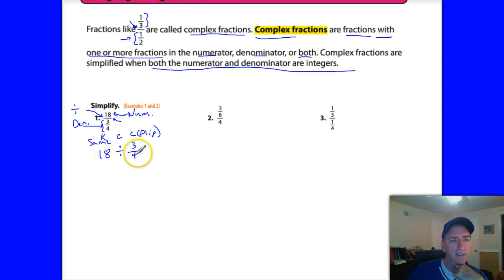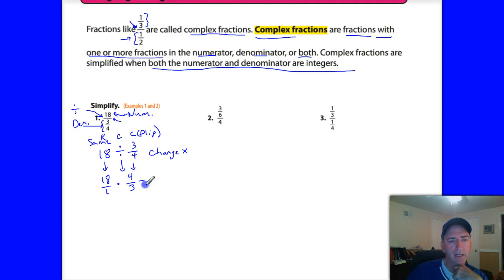So we're going to change this to multiplication. Keep 18, you can put it as 18/1 if you want. Change the division to multiply. Change 3/4 to its reciprocal, 4/3.